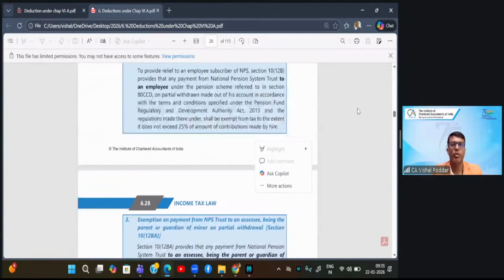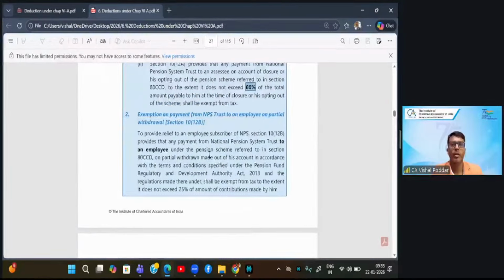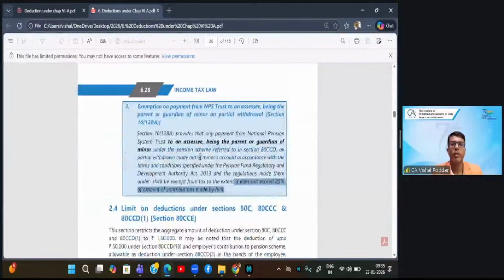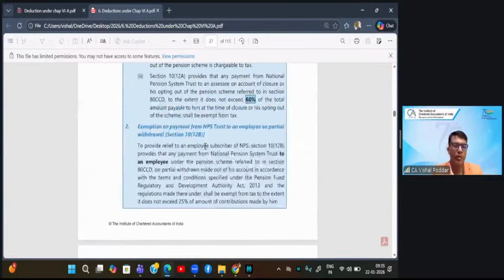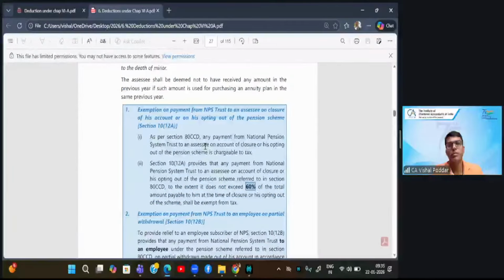So whether you are making withdrawal from your own scheme as premature withdrawal, or from your minor's scheme, if it is premature withdrawal, up to 25% is exempt. If it is full closure of the account and full withdrawal, 60% is exempt. So this is the entire deduction and withdrawal. I hope everything up to this point is clear.